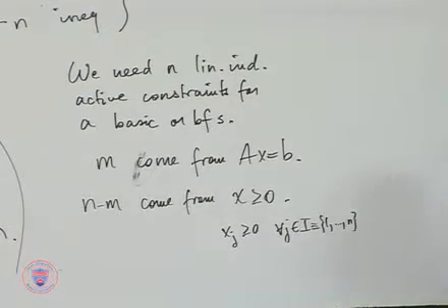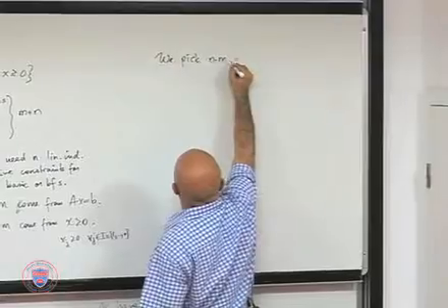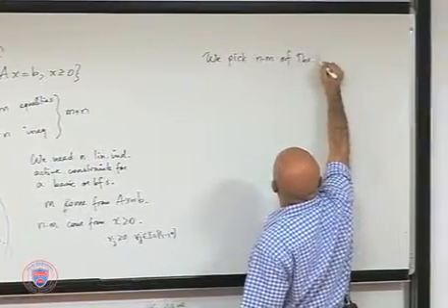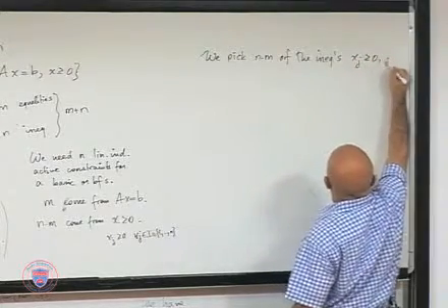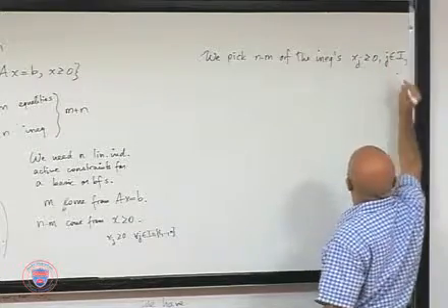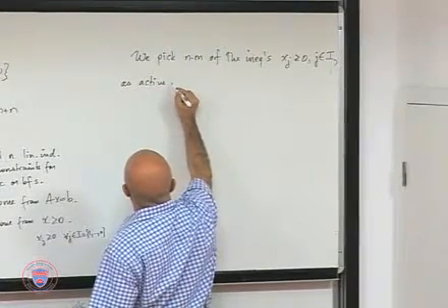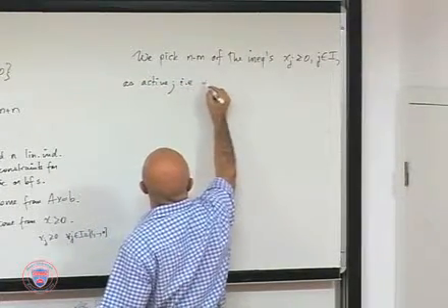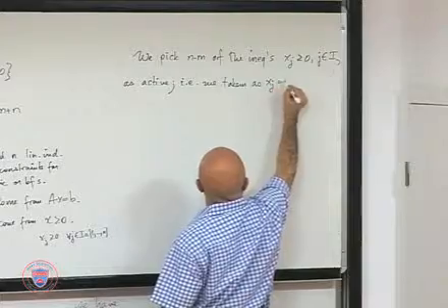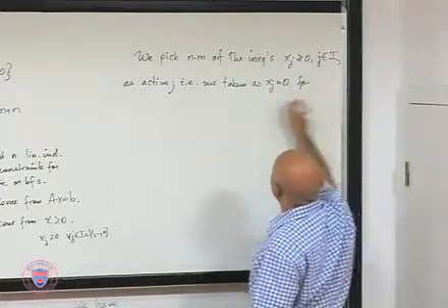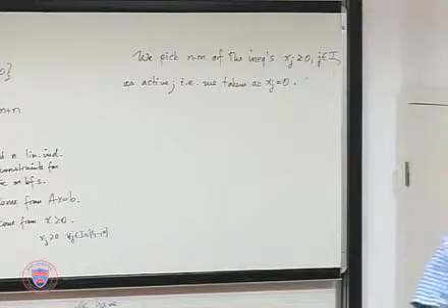So we pick n minus m of the inequalities xj greater than or equal to 0 for j in I as active, which means that we take them as xj equal to 0, for those n minus m of them.